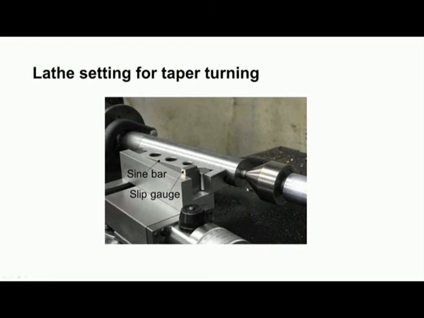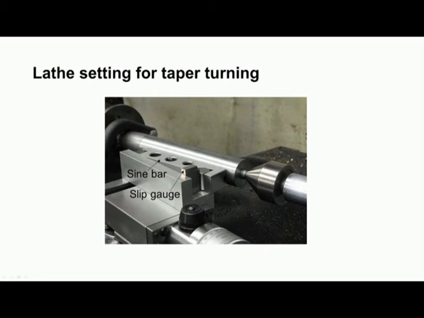Now, you can see another application of the sine bar. This is setting of a lathe for taper turning. You can see the workpiece in which we have to cut the taper, and now the tailstock quill can be moved.